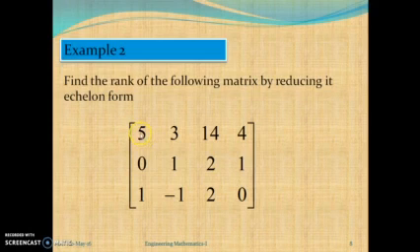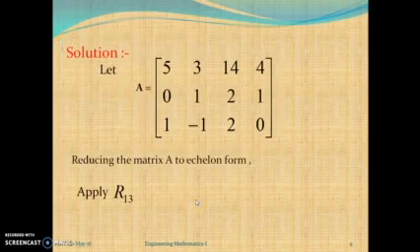We apply a transformation to make it 1. In the third row 1 is present, therefore we interchange. Let the given matrix be A. Reducing the matrix A to echelon form, apply R13. R13 means we interchange row 1 with row 3.